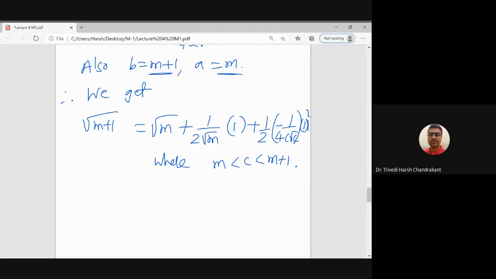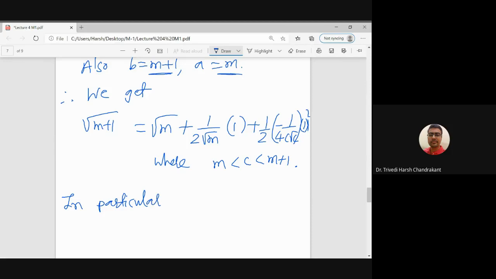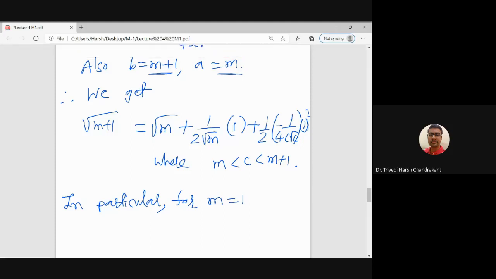But now we want to evaluate for m equal to 1. So m equal to 1 means our interval, from m to m plus 1, will now be the closed interval 1 to 2. Right?